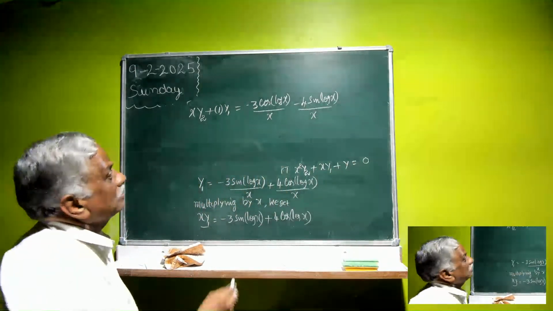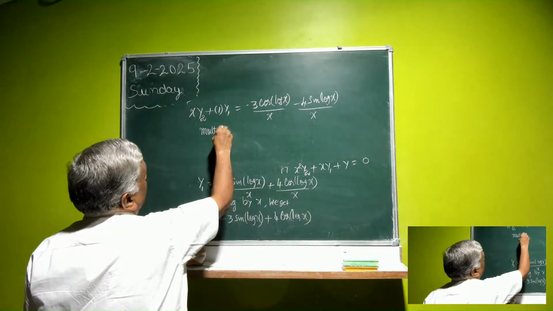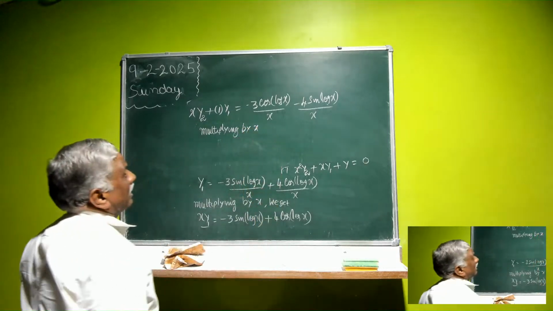Now again multiplying throughout by x. What happens?